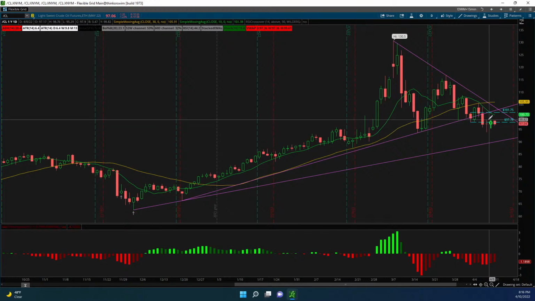It formed a doji right here, and then it's moving sideways within this doji. It has not broken it yet, but it's right there. So three days in the range. Okay, that one is crude. We'll see what it does tomorrow.